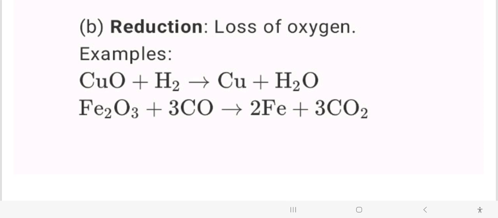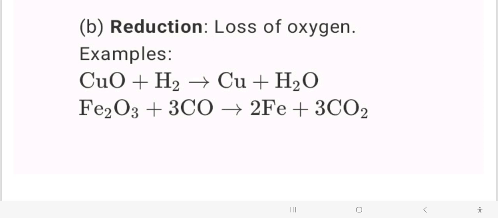So it is a redox reaction, as you know. Here copper oxide is getting reduced, you have to be careful. Not copper is getting reduced, you have to say copper oxide is getting reduced and hydrogen is oxidized to water. Be clear about that one.